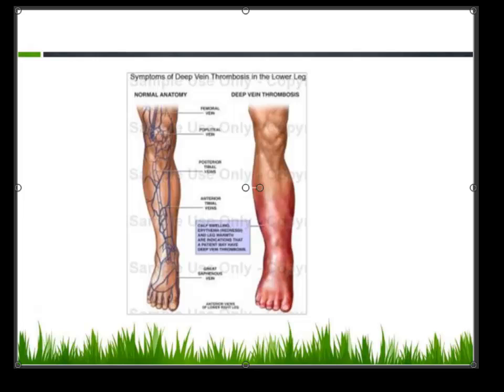In your assessment for DVT, look for calf pain or tenderness, warmth, erythema, below the knee swelling, and there can also be up to the groin proximal vein thrombosis. It can be warmth and sometimes cyanosis.